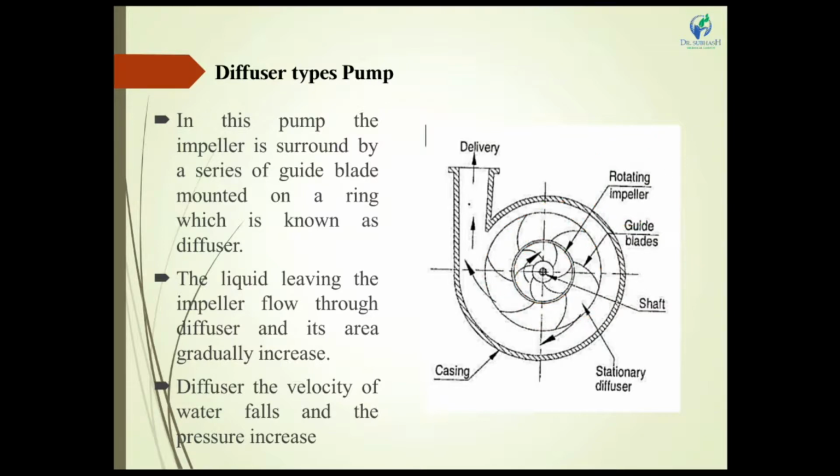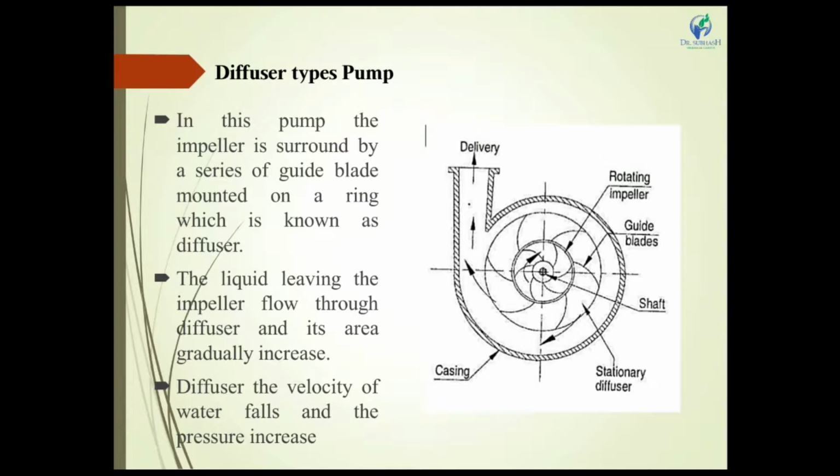In this pump, the impeller is surrounded by a series of guide blades mounted on a ring, which is known as a diffuser. The function of the diffuser is to convert kinetic energy into pressure energy.